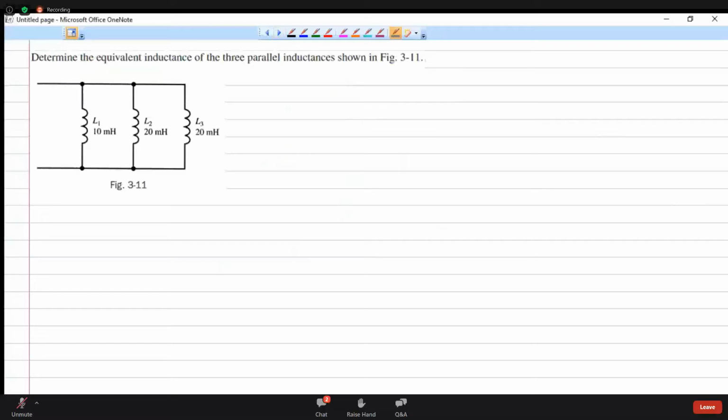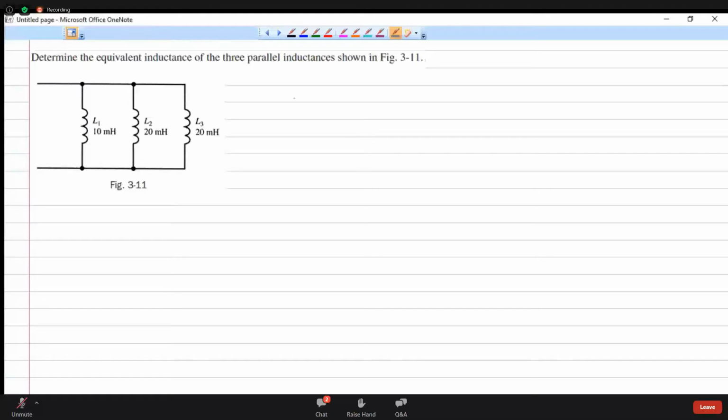Next one, determine the equivalent inductance of the three parallel inductances shown. Inductors are analogous to resistors, right? So we can treat them like we treated resistors.